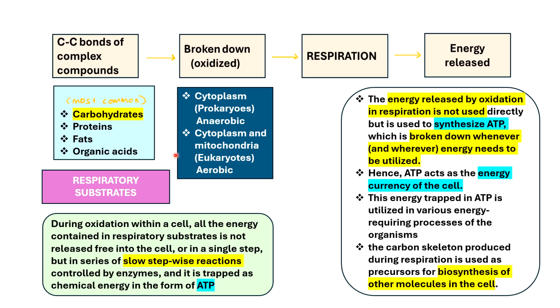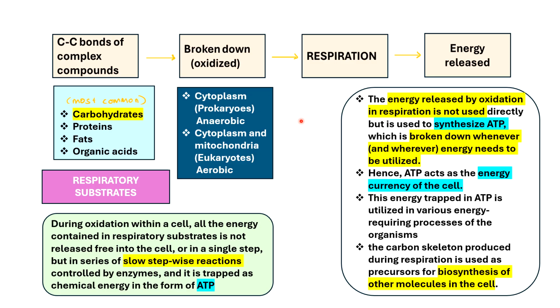Whatever organic compounds undergo this oxidation are called the respiratory substrates. The common respiratory substrate is carbohydrate, which is used most commonly, but proteins, fats, and organic acids can also be used under certain conditions, right?